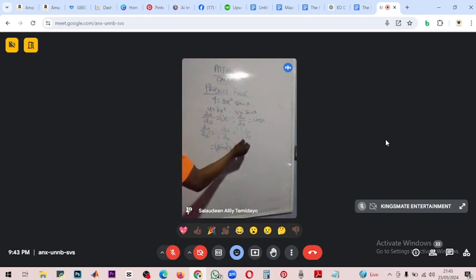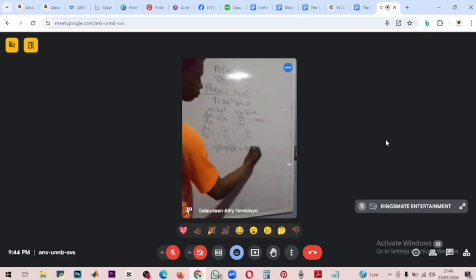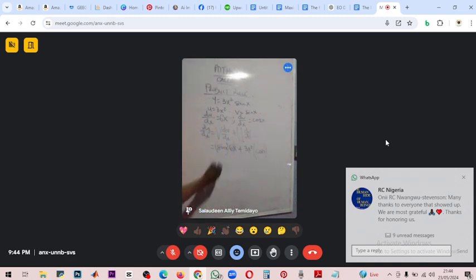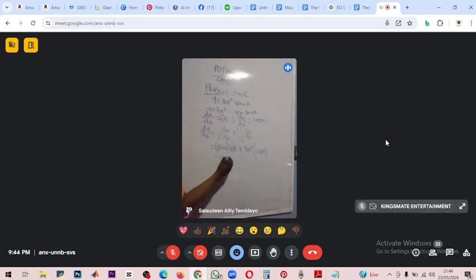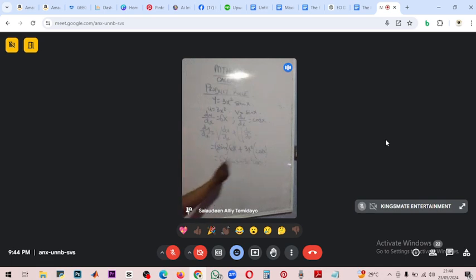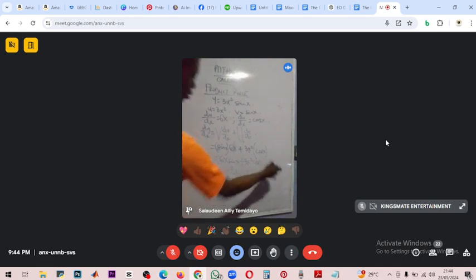Plus u, which is 3x squared, times dv dx, which is cosine x. So I have 6x sine x plus 3x squared cosine x. You can say 3 is common and x is common. So bring 3x out. You have 3x times 2 sine x plus x cos x.